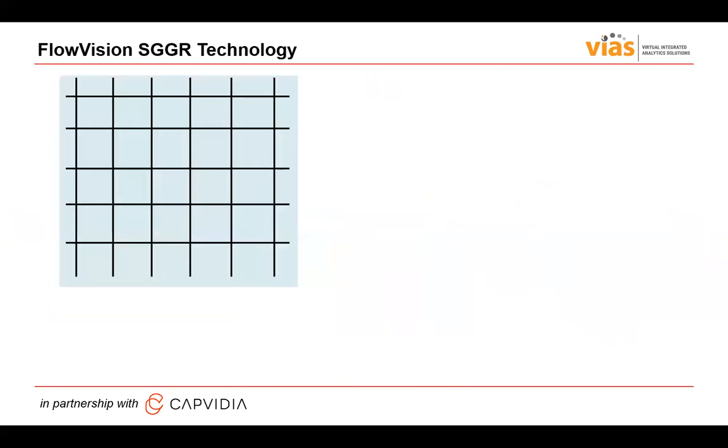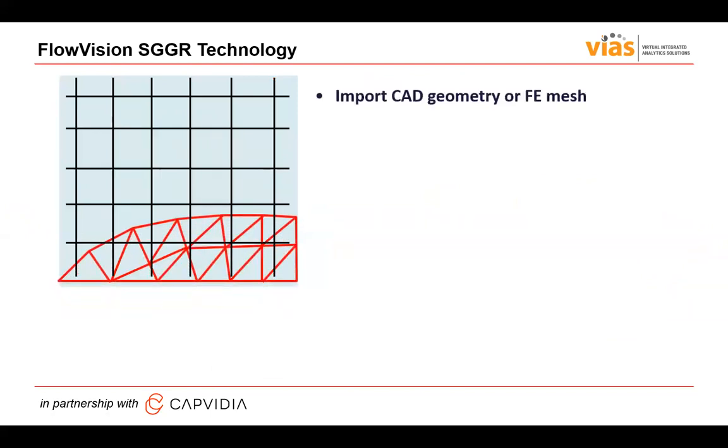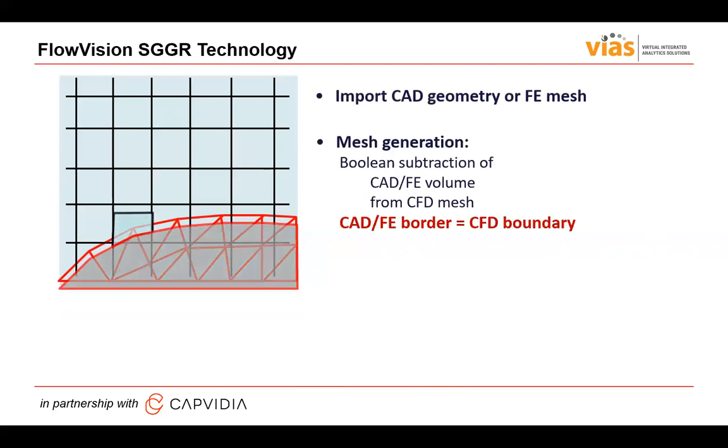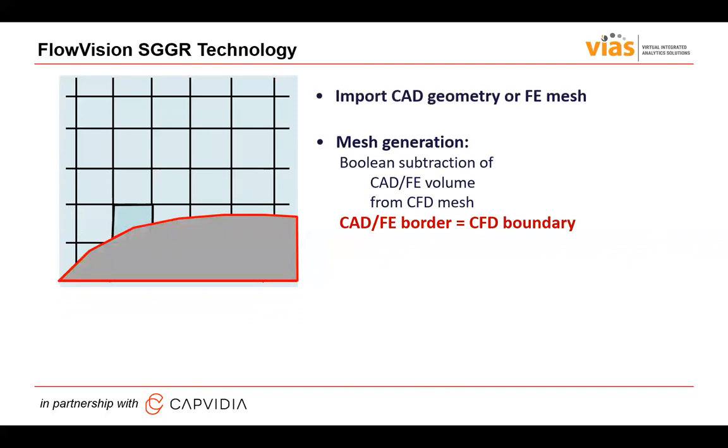If we look at the workflow, how we do this, what you see is our initial Cartesian grid that we use in FlowVision. The next step is usually importing a CAD geometry, or in fluid structure interaction simulations, the finite element mesh. The next step following that is the mesh generation, which is completely automatic, and it covers the Boolean subtraction of this CAD finite element volume from the CFD mesh.